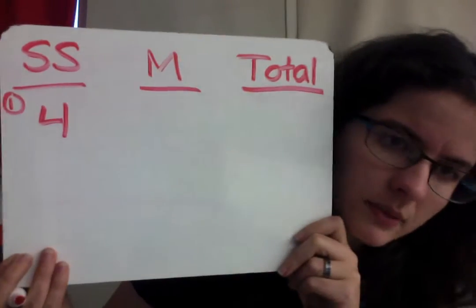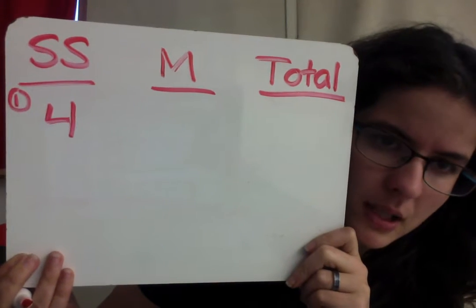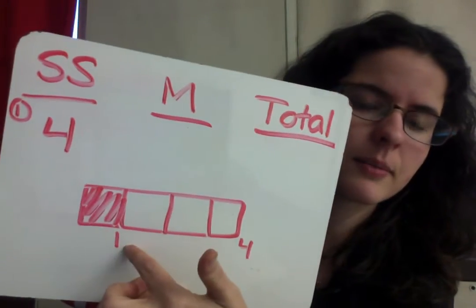So let's start with saying someone in 7C said, you spent 4 minutes studying for social studies. This was a very low study. So if you spent 4 minutes studying for social studies, and you spent 1/4 of that time, or 25% of that time, on math, you're only going to spend 1 minute studying math.